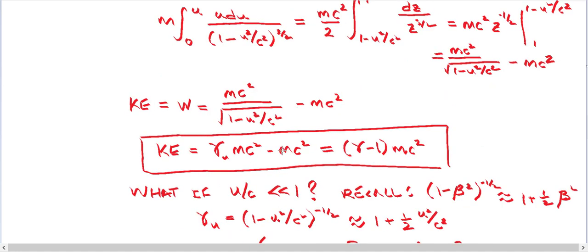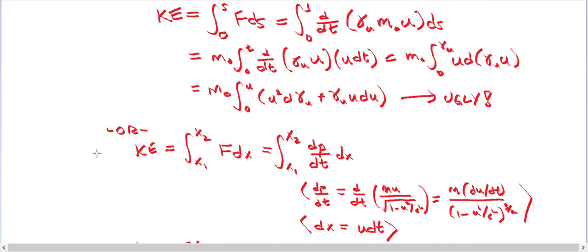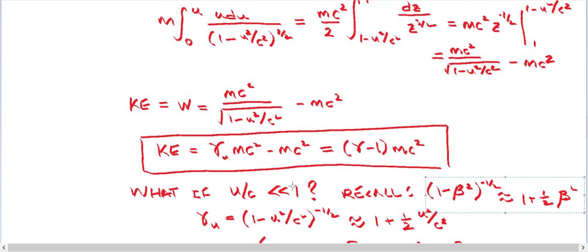But again, much like we've been doing, we had an equation for kinetic energy that worked fine for us for hundreds of years, worked fine for us through the first 2 semesters of our physics class too. So what happens if u over c is really tiny? Well, again, we can use that statement that we used above. I wrote it somewhere up here, right? That quantity 1 minus b squared to the minus half is roughly 1 plus half b squared.